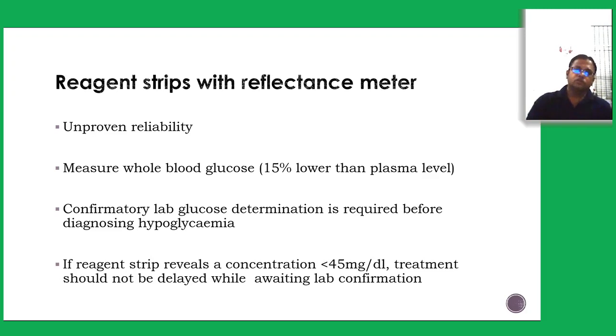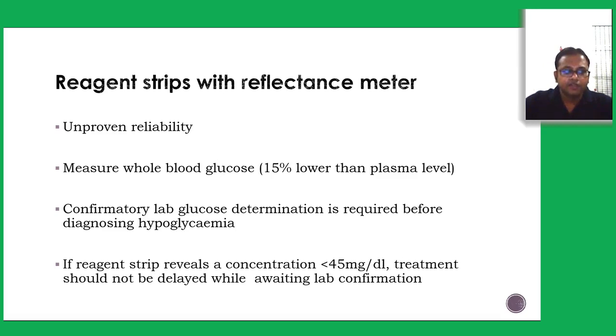The strips we discussed earlier have unproven reliability, especially when neonates have these low sugar values, and sometimes they can even tolerate values as low as 30 milligram per deciliter. And these strip values are lower than the whole blood glucose. Oh, sorry, 15% lower than the plasma level. So it gives a lower value.